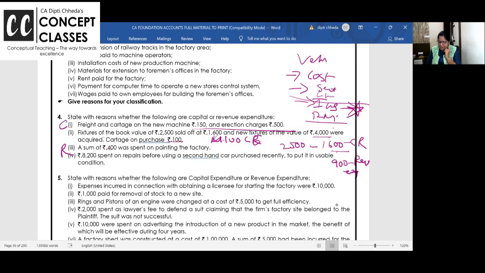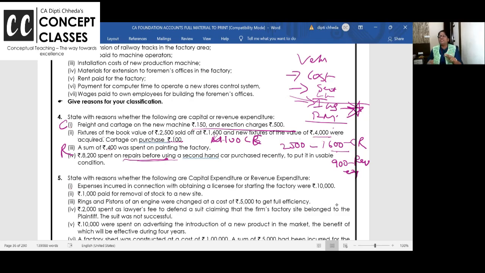8,200 spent on repairs before using a second-hand car and ready to put to use. So now what you have done is you are spending some repairing expense. Normally repairing is charged off in the P&L account, but these repairs are for the car which you have purchased.